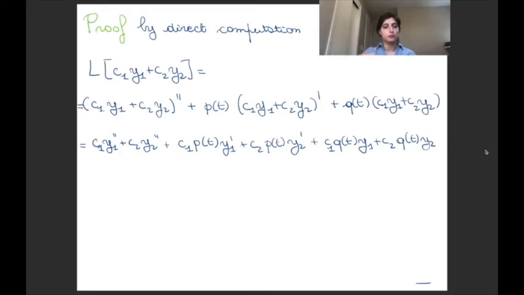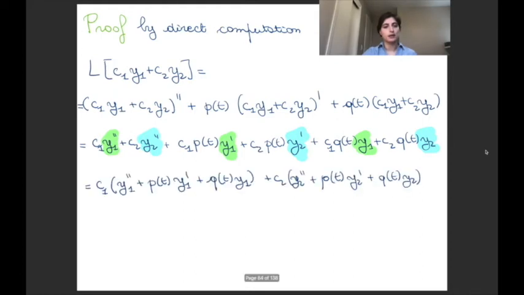We can just distribute things down, we can multiply everything away, and we have some terms with y1 and some terms with y2. So we restructure things, and we can write it as C1 multiplied by y1 second plus p(t) y1 prime plus q(t) y1, and this is a block, plus C2 multiplied by y2 second plus p(t) y2 prime plus q(t) y2.